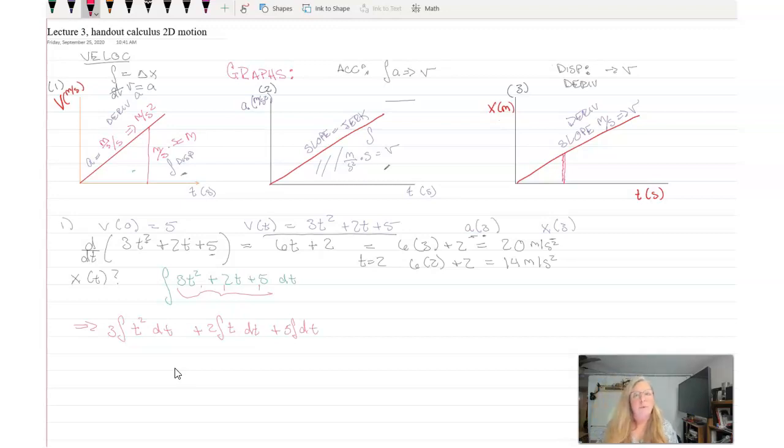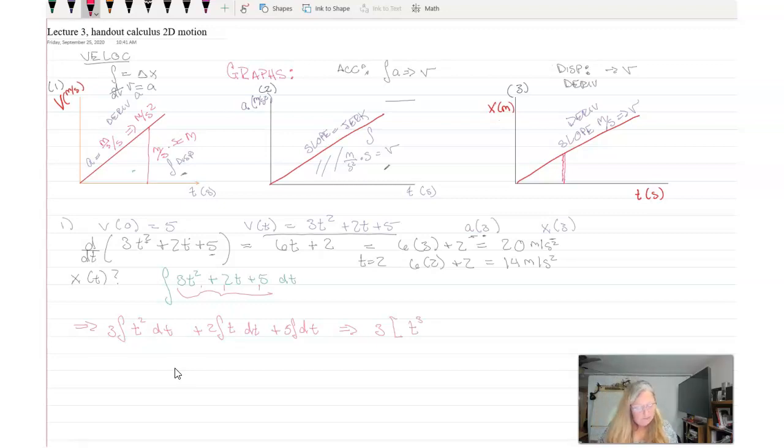Remember, with integrals, we're adding 1, and we need to make sure that we get the same thing back as when we started. So I'm going to add 1 to the exponent, and I'll start with the first integral. So I have 3 times t cubed.